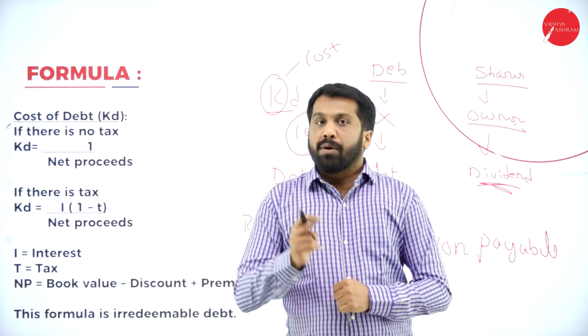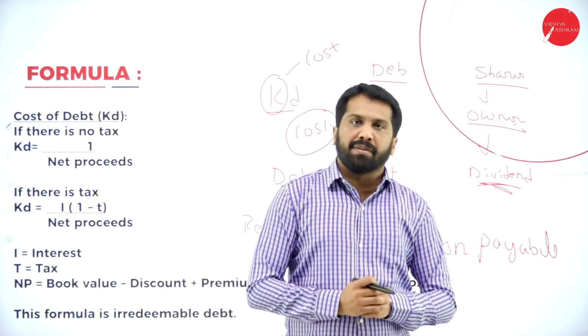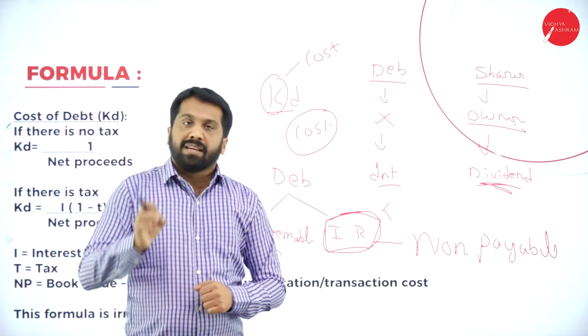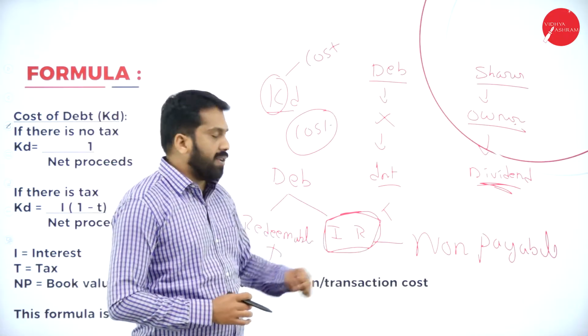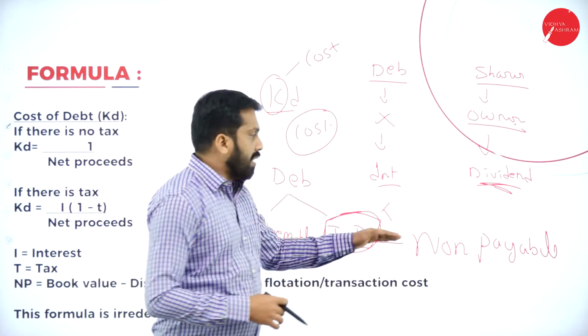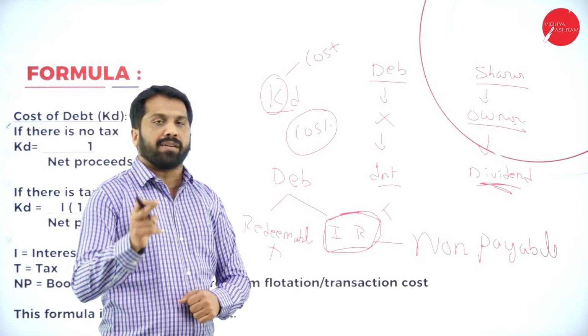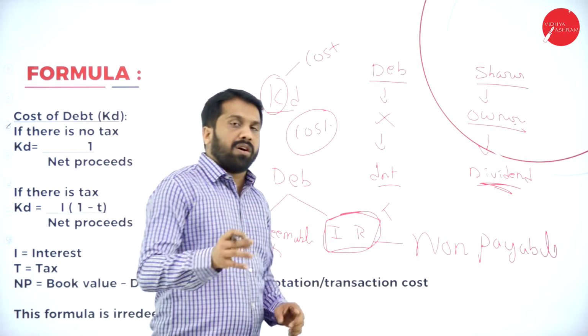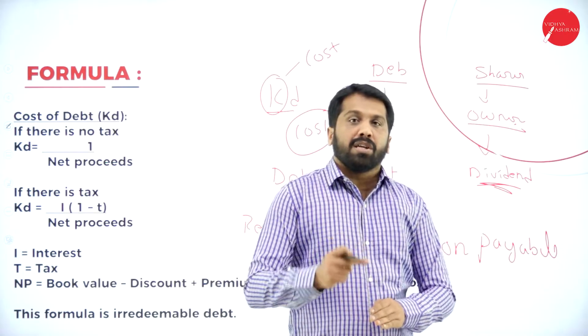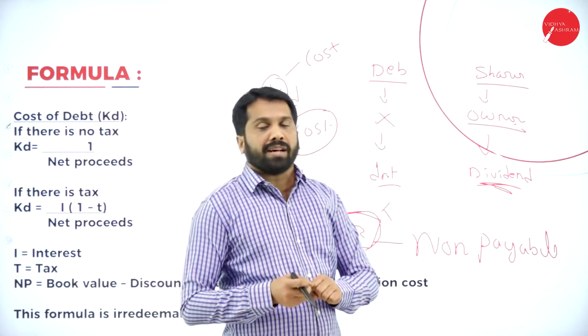When you will pay? When you are closing your company. Permanently, when you are winding up your company, that time you are supposed to pay your money to that outsider. That is called irredeemable or non-payable. Hope you understood. What is irredeemable? Whatever amount collected, you will pay interest every month, but you will not repay whatever amount collected.